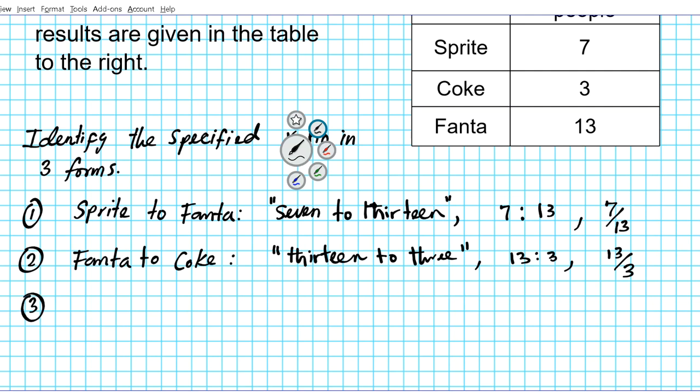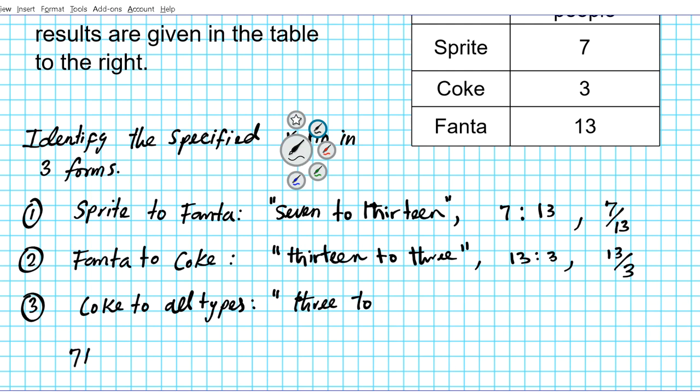All right, let's try another example. What if you were to compare Coke to all types of drink? How would that work? In word form, we need to have the number of Coke, which is 3, to all types. So what is all types? In order to do all types, we need to add all the numbers together, okay?